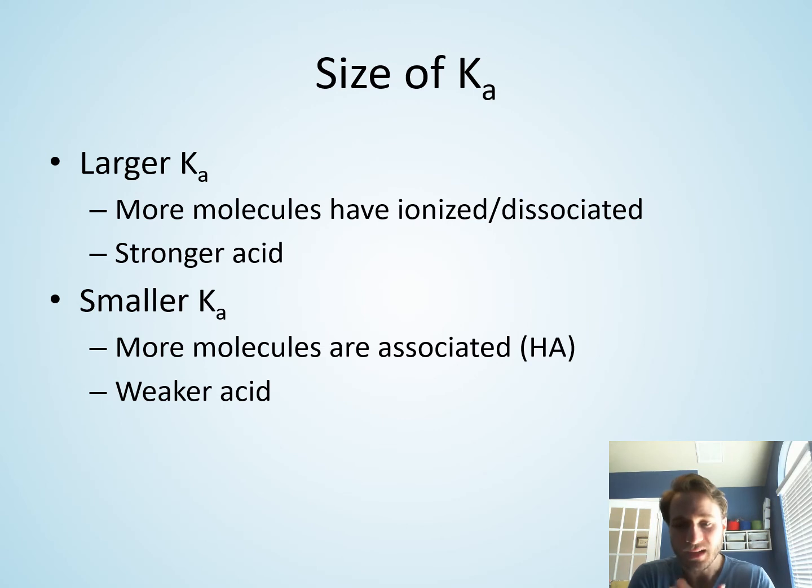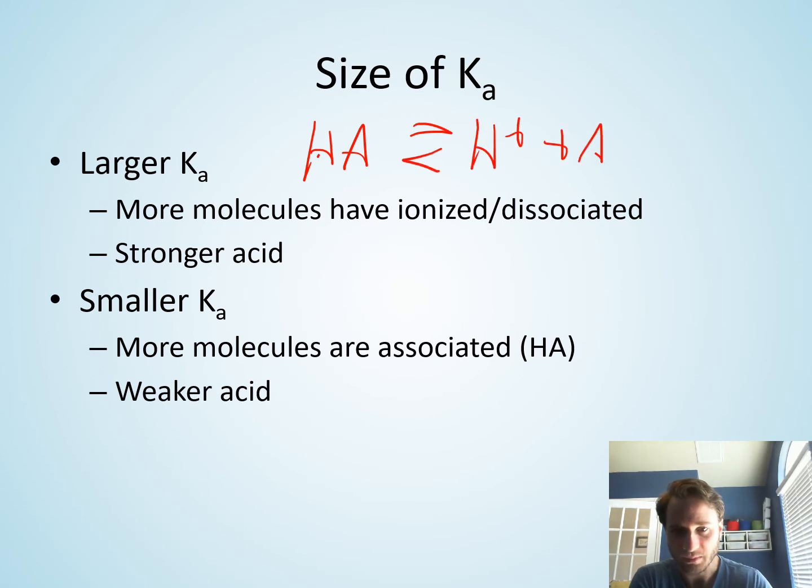So what does Ka tell us about our acid? When we talked about equilibrium, we said that the larger the equilibrium constant, the more the reaction favors the products. So the larger the Ka, the more your acid dissociates. If I have a weak acid HA in equilibrium with H plus and A minus, the larger the Ka, the more I favor my products, which means the more this acid dissociates, the stronger the acid is.